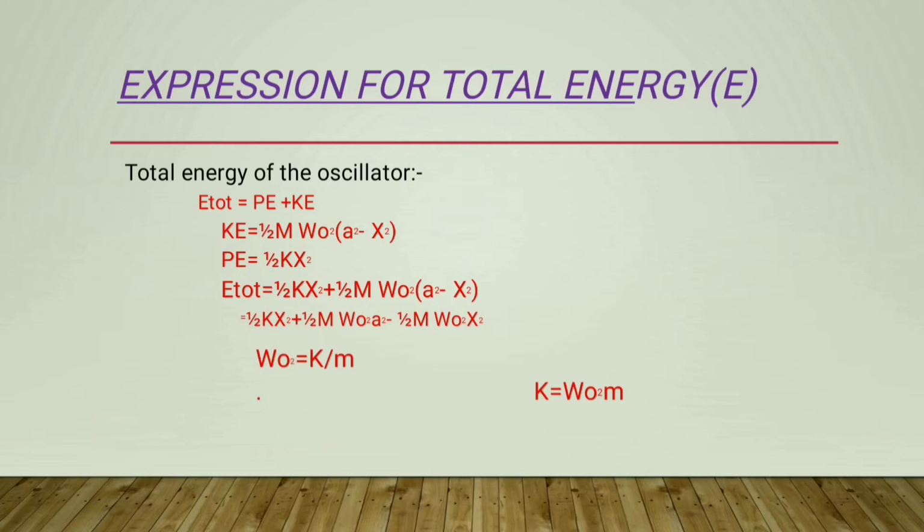So, total energy is equal to half k x square plus half m omega 0 square into a square minus x square. Then, half k x square plus half m omega 0 square a square minus half m omega 0 square x square.